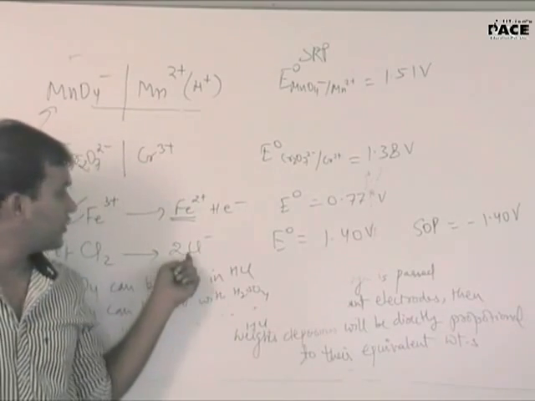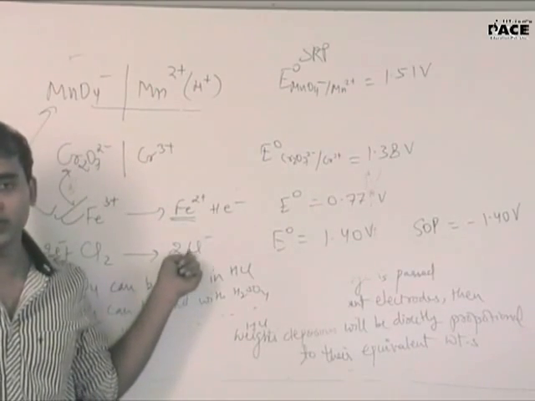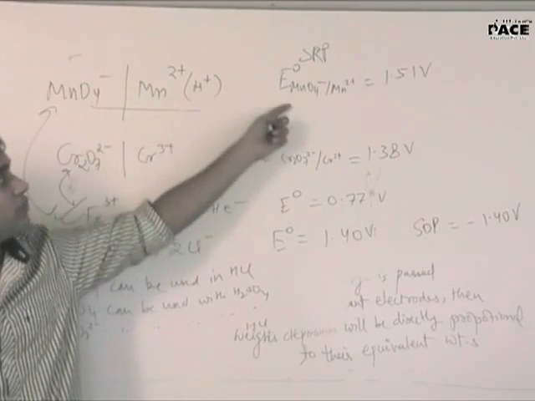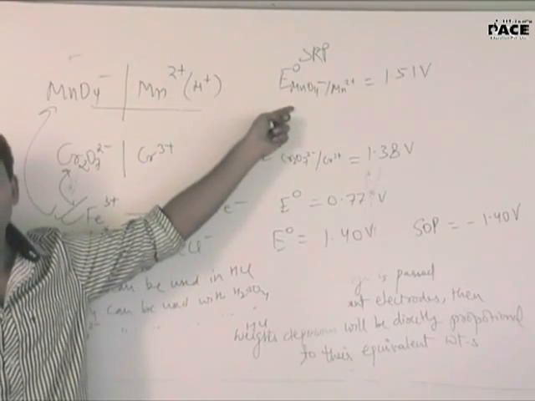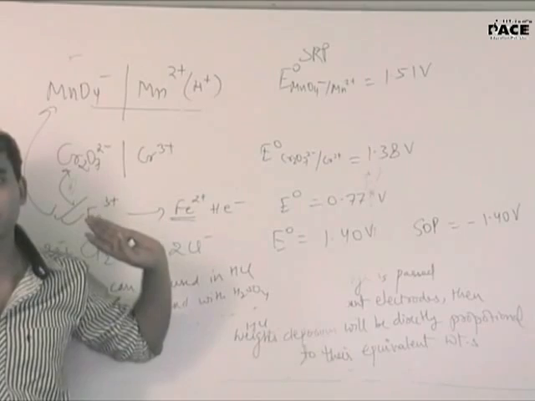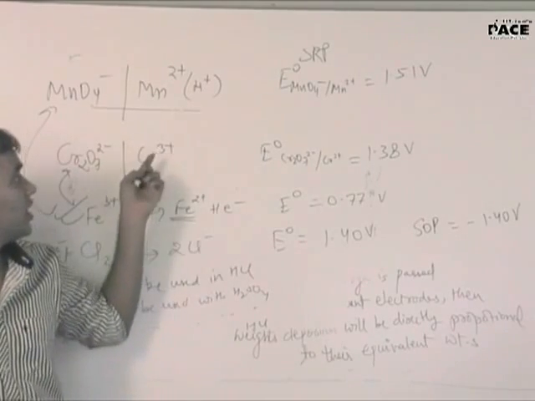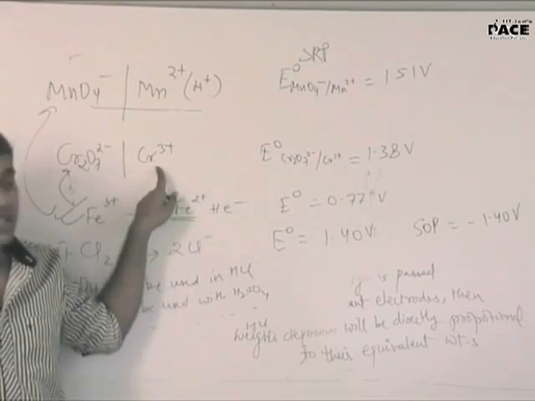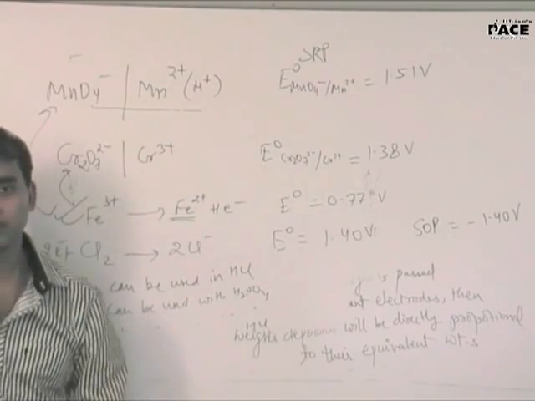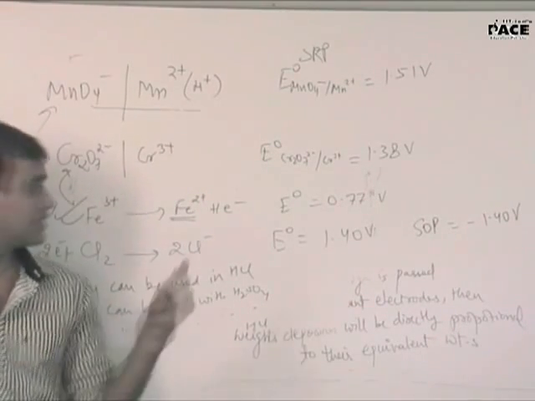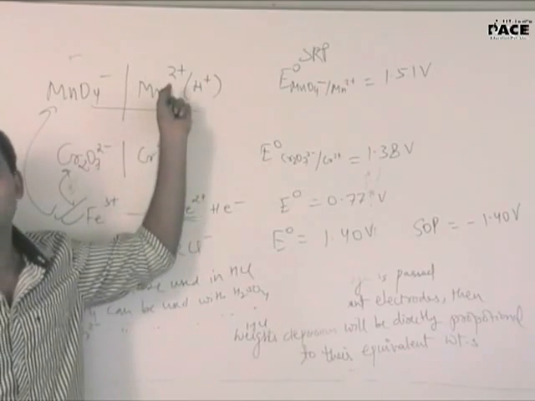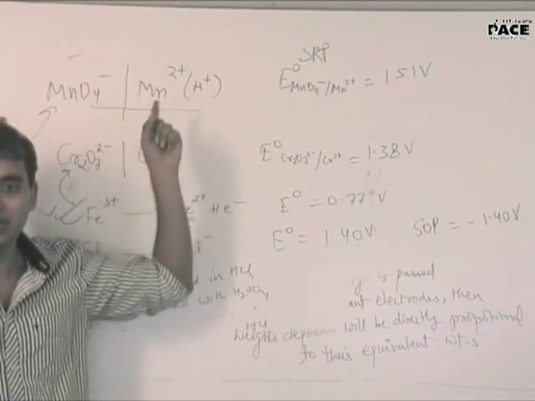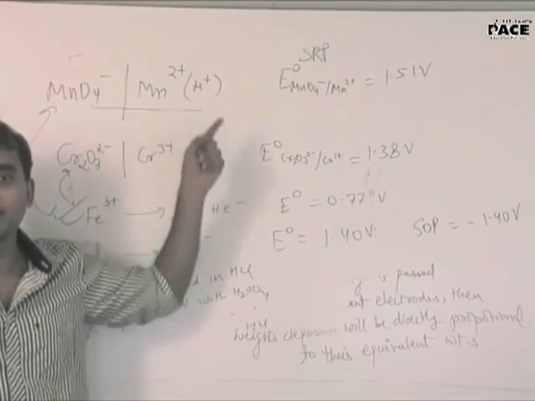So if I compare it with the hydrogen electrode, it is coming out to be 1.51, so it is greater. So this can take place. Similarly, if I use the same thing with this case, if I am using this as the cathode, there is no problem. But the problem arises if I use this as the anode. Why? Because if I do use this as anode, then the competition comes from chlorine.